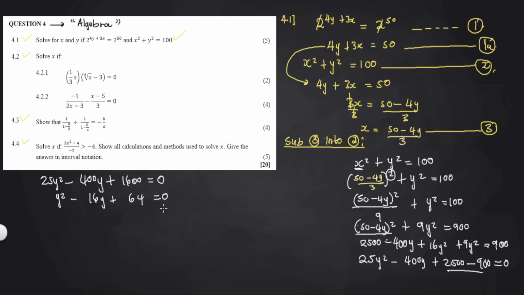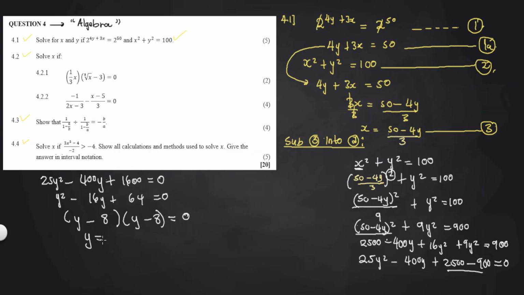This is a trinomial. Either you use the quadratic formula and get your answers, but I'm going to use the factoring method. In this case, it's going to be y minus 8 times y minus 8 equal to 0.